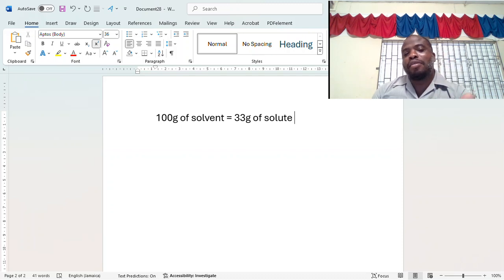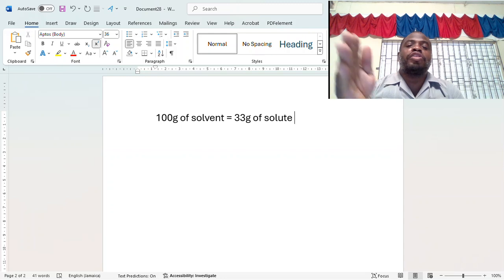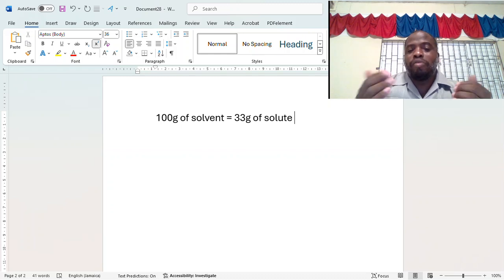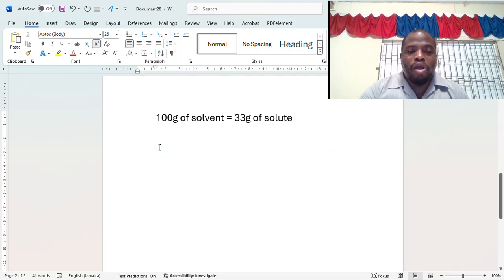So when I have 100 grams, for it to be saturated, I need 33 grams of the solute, which is substance Z. So if you said we need more, definitely. So we now have 350 grams of solvent. That's what we have.